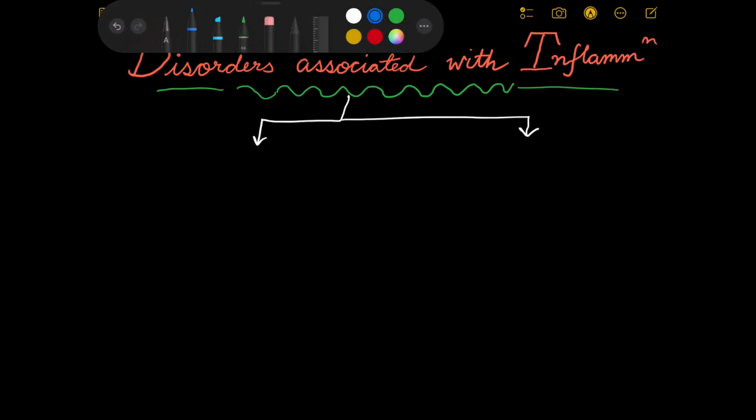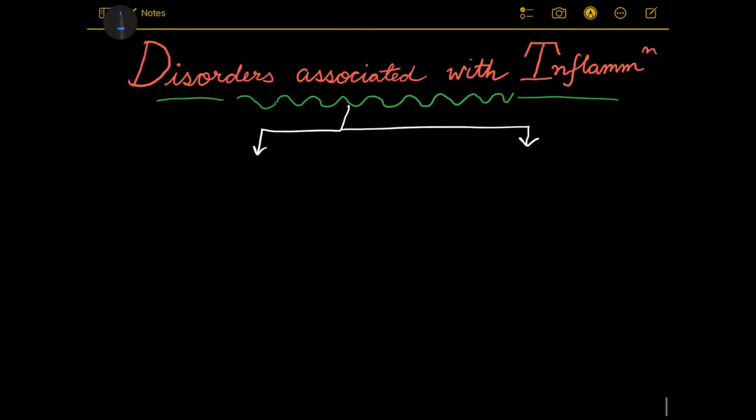Number one, it can mean that the inflammation is causing damage to the host, and the host benefit is being outweighed by the host damage, because as you can probably remember, I had mentioned that inflammation is a double-edged sword.